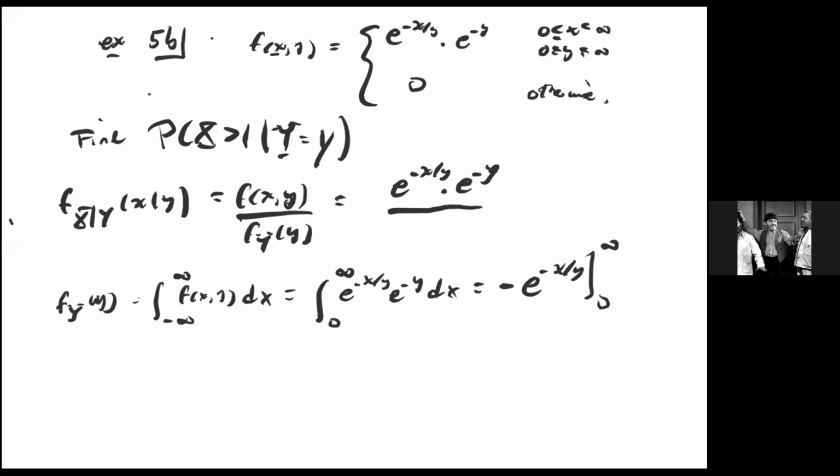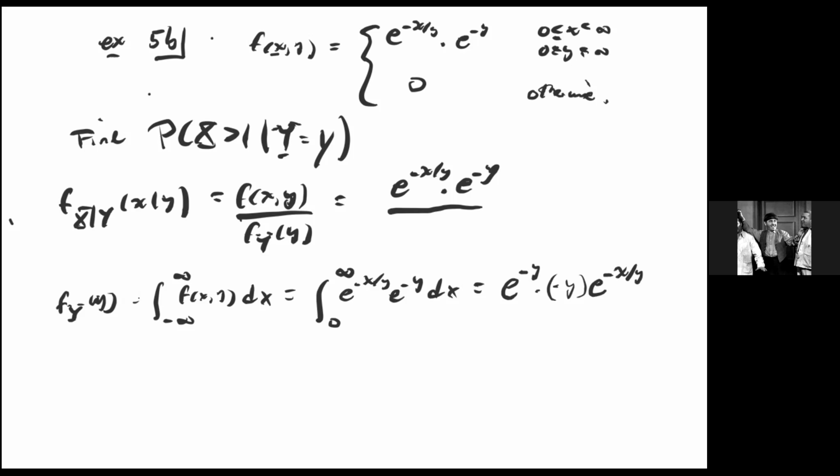I have to correct myself. I didn't integrate this correctly. Let me erase this. So what's the antiderivative? That's given by e to the minus y, which is like a constant from the viewpoint of x, times minus y times e to the minus x over y.